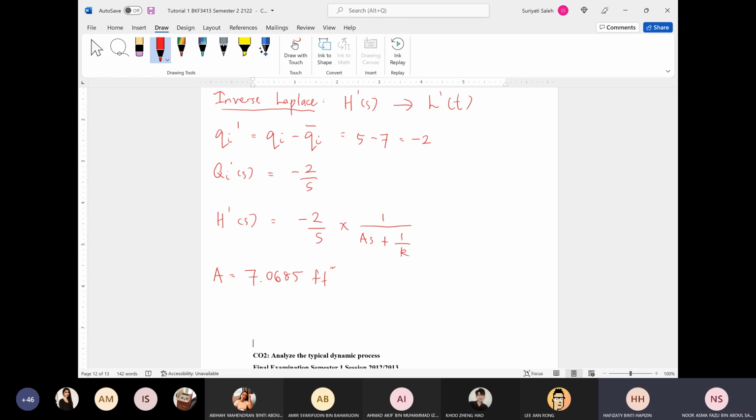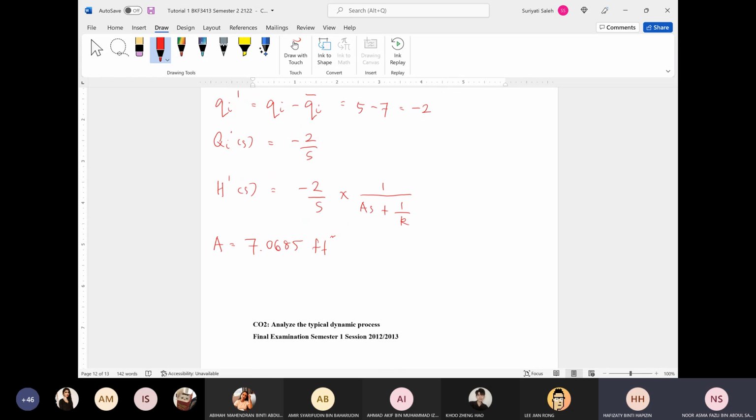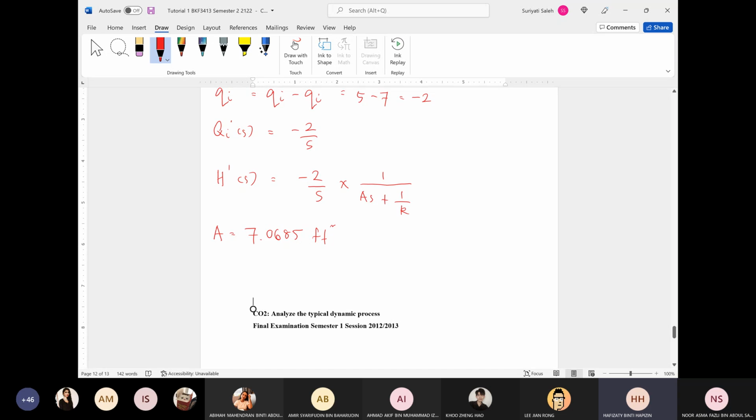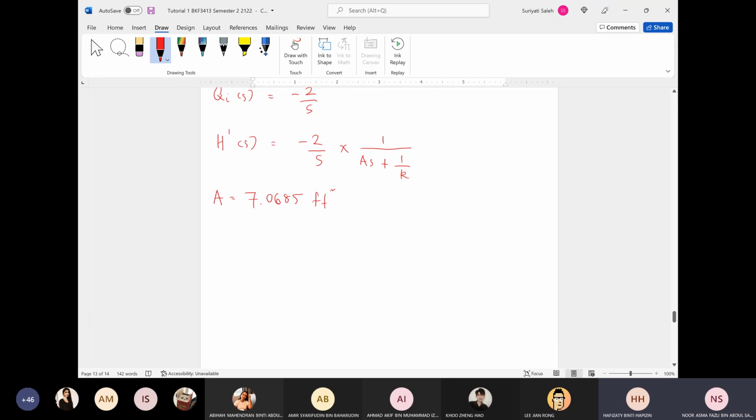So now the value of resistance. The value of resistance is not given in this case. So let's assume R equal to 2. I just put the assumption R equal to 2 in order to solve the model. So let's substitute the value.